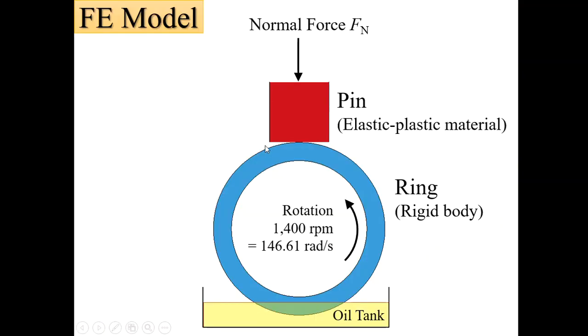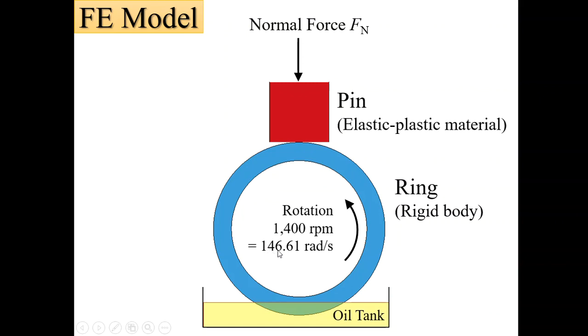In this case, we have two objects, pin and ring. So for the rotation here, we apply about 1400 rpm. For these simulations in LS-Dyna, we're going to convert this 1400 rpm into rad per second. Using the internet, we can convert it online.